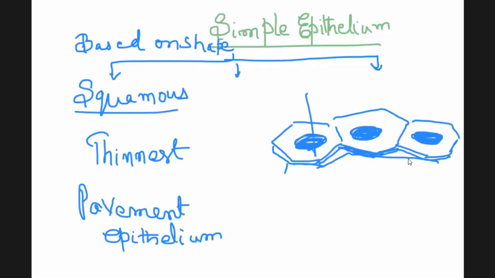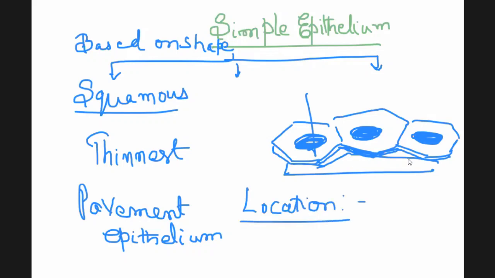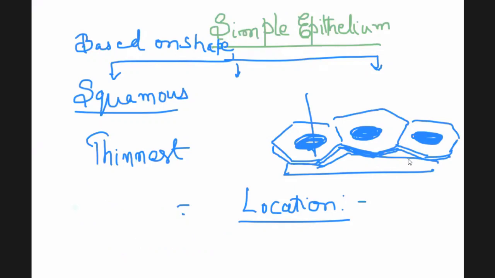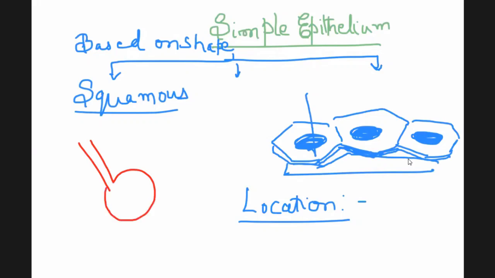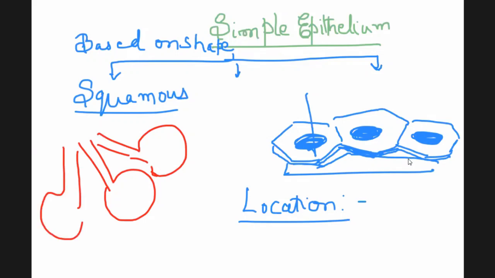This type of simple squamous epithelium, where do you find it? You have to remember how the cells are and the location, very important. Now, you know our lungs have bunches of grapes-like structures. Any idea? Alveoli. These are the air sacs, bag-like structures.